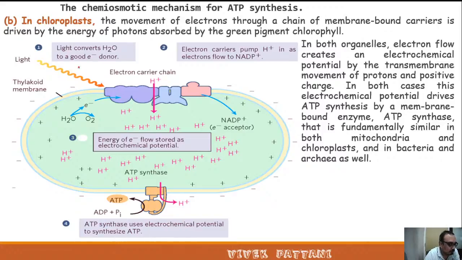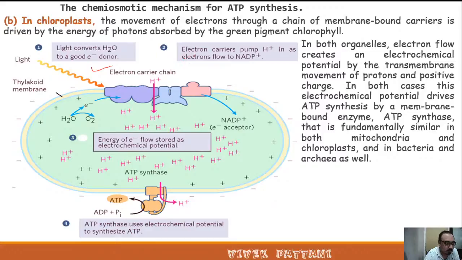Starting with the process, light converts water to a good electron donor, whereas in the case of mitochondria we have seen NADH and FADH2 as electron donors.